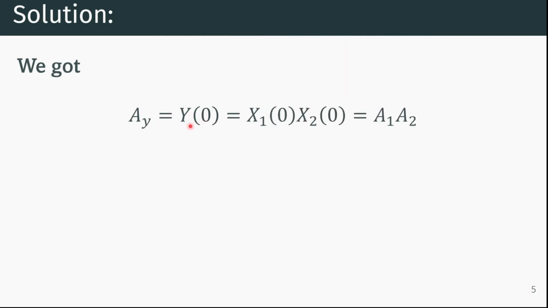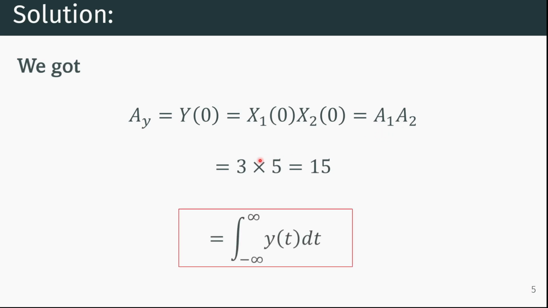Recall that we have the area of the function y of t, Ay, equal to Y of 0, and we showed that it equals X1 of 0 times X2 of 0, which in turn equals the product of the corresponding areas A1 and A2. We just got those to be 3 and 5 respectively. By substituting them, we get Ay equal to 15.